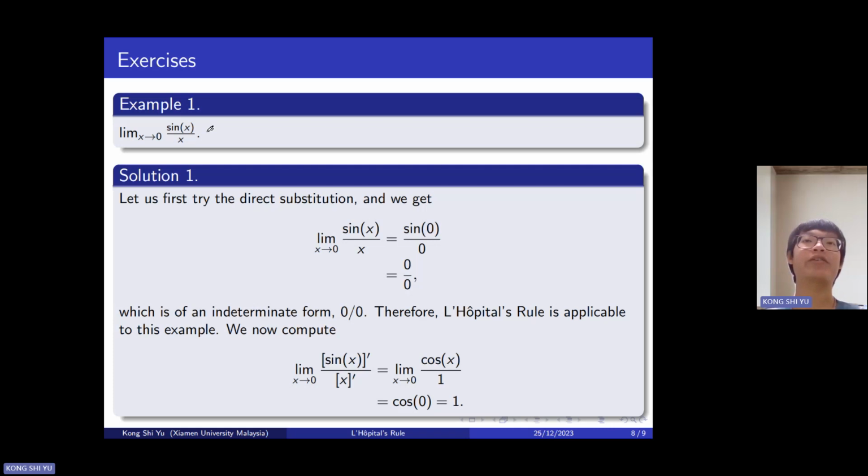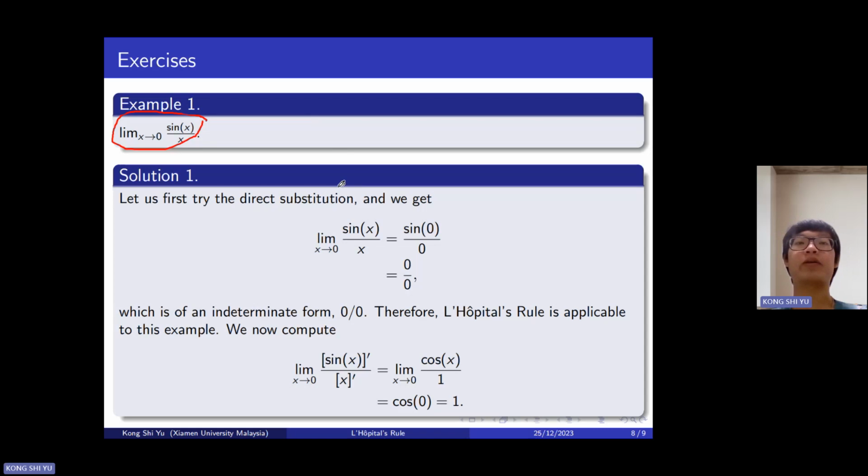As I stated before, we'll be looking at a very classical limit problem that we encountered in calculus 1. We know from the geometrical proof of this limit that it is equal to 1.